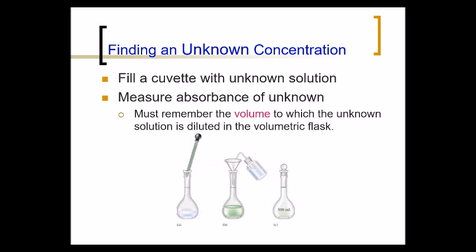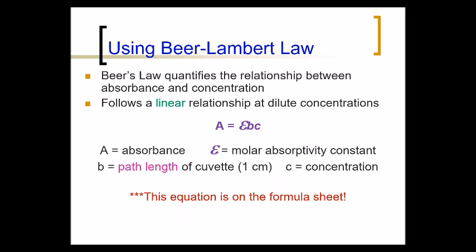You must remember that volume because you have to use it later to calculate moles and grams. In my lab, I'll be diluting it up to 100 milliliters using a 100 milliliter volumetric flask. They're cute and really small. You'll get to see them.